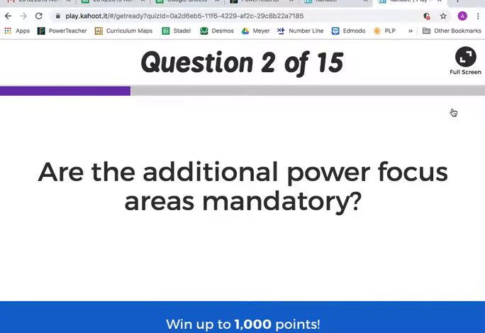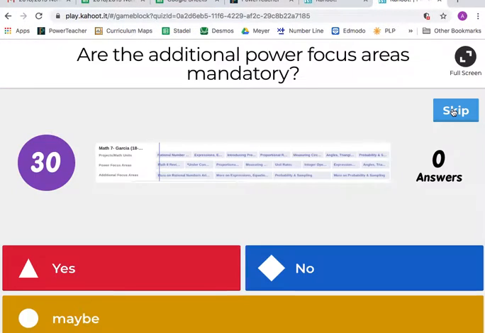Are the additional power focus areas mandatory? That means additional, which are this bottom row. Do you need to do them?